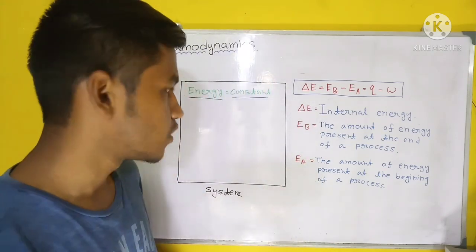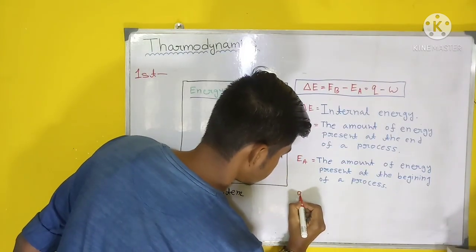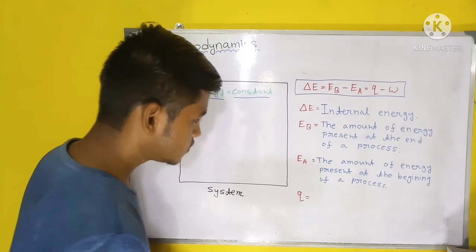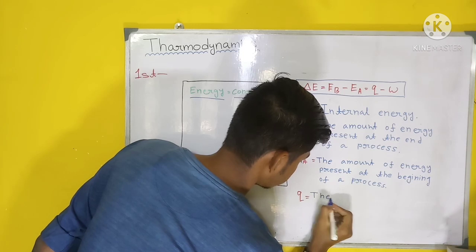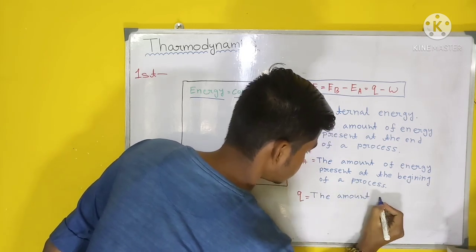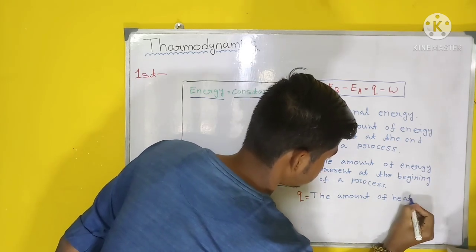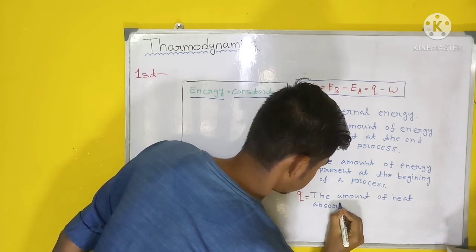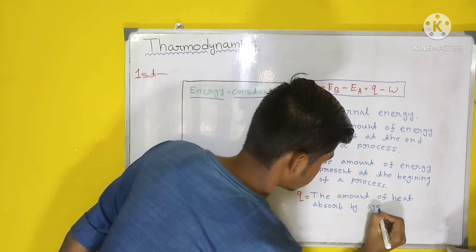And now guys, we will be talking about the Q. Q is actually the amount of heat absorbed by the system.